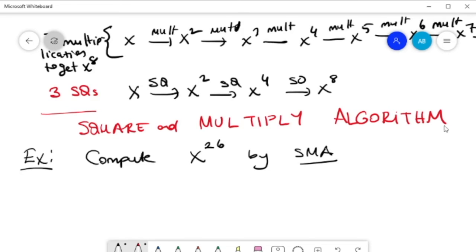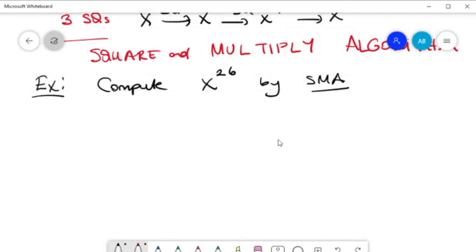First we write 26 in base 2, which is 1, 1, 0, 1, 0. These are 2 to the power 1, 2, 3: this is 8, this is 16, and we have 26.